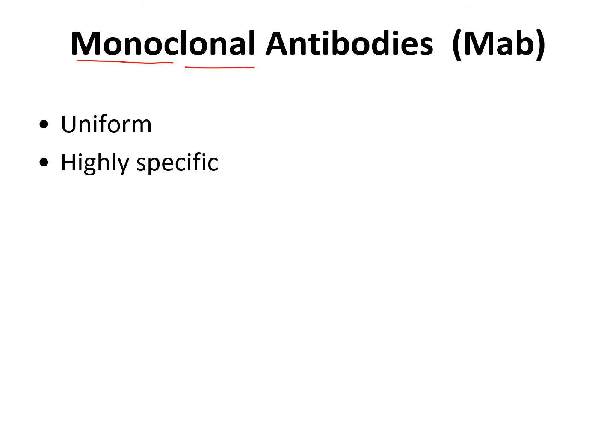They will only identify that one particular antigen because they bind to that one particular epitope. And the other thing about monoclonal antibodies is that you can produce antibodies in large quantities. So this is a very efficient and relatively cheap way to generate highly specific uniform antibodies in large quantities, so you can get highly specific uniform diagnostic tests.